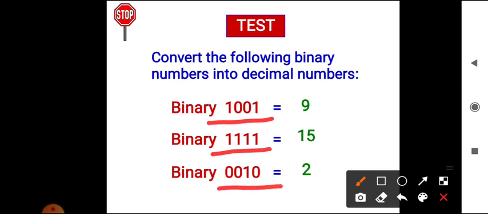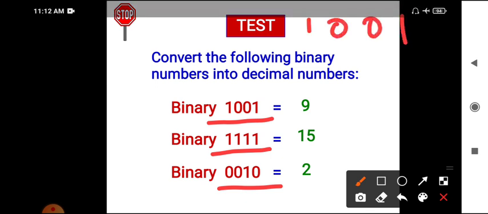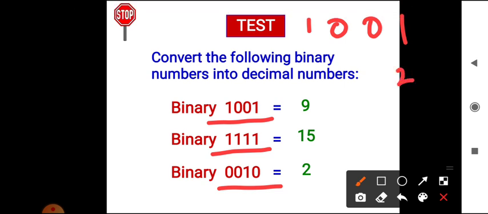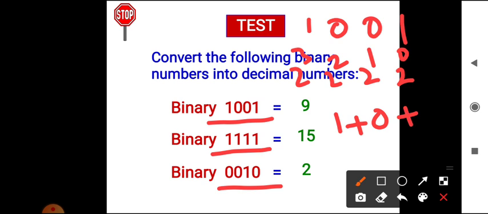So I will show the first example, that is 1001. We have to write 2 power 0, 2 power 1, 2 power 2, 2 power 3. So 2 power 0 into 1, that is 1, plus 2 power 1 into 0, 0, plus 2 power 2, that means 4 into 0, 0, plus again 2 power 3 into 1, 8.